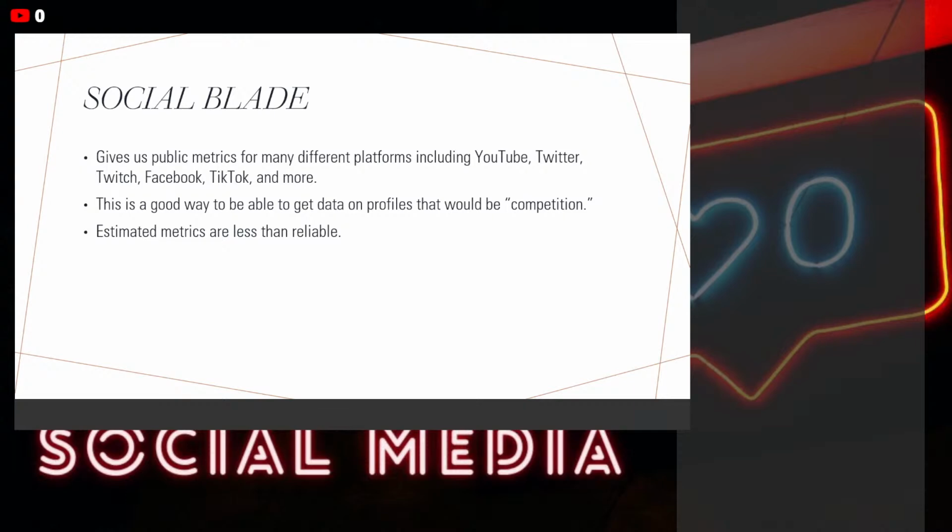So we kind of have to go through some backdoor channels to be able to get some information like that. And Social Blade is one of them. And since Social Blade is utilizing their own algorithms to do calculations and figure things out like estimated revenue, we can basically take everything that they post with a grain of salt.